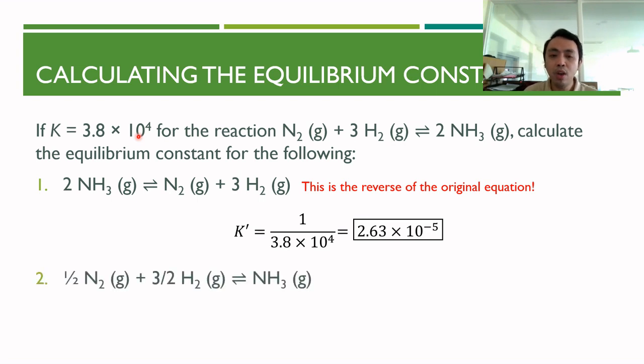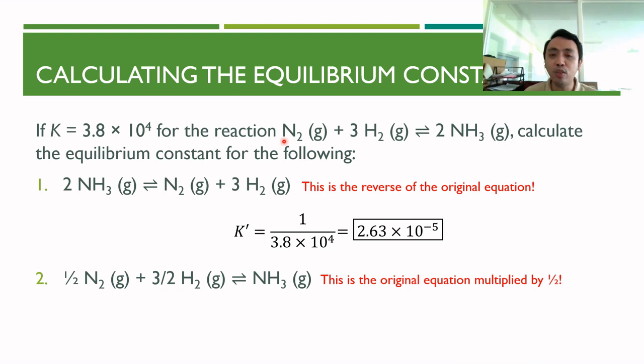In number 2, we have this new equation, 1/2 N2 gas plus 3/2 of the hydrogen gas producing NH3 gas. Now comparing this new equation to the original equation, we note that in the new equation, the coefficients are just equal to the original multiplied by 1/2.